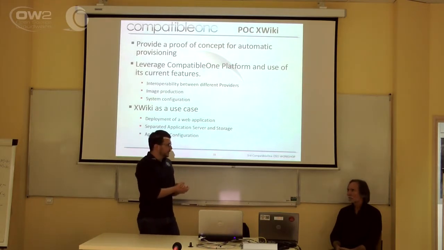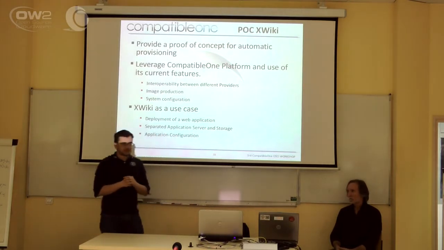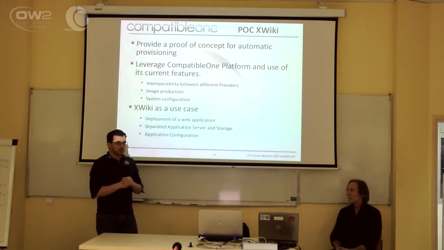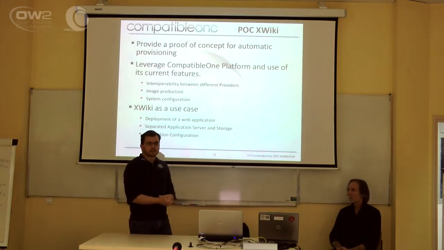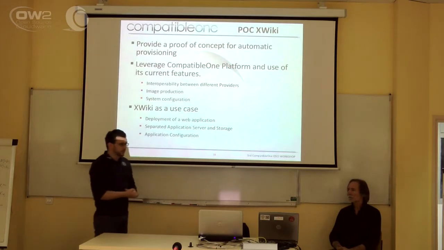We also tested the new image production services in order to build on the fly the required services. In this case, it will be the storage service, and also to use the platform in order to configure the deployment so that the application is available and well configured for end users.